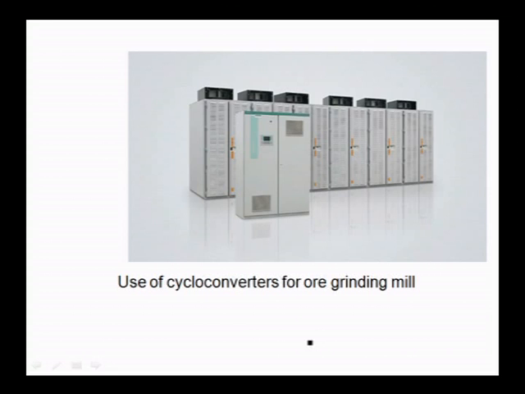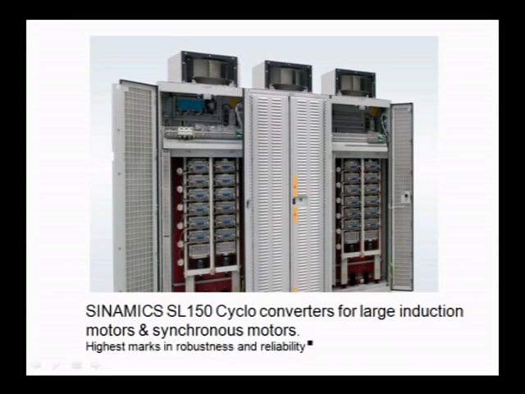This is another use of cycloconverters, for an ore grinding mill. This gives you an idea of where we use cycloconverters. This is another type of cycloconverter, maybe with a different power rating.